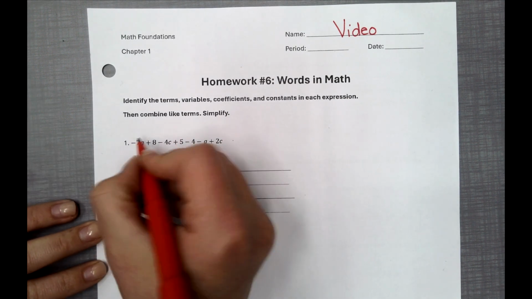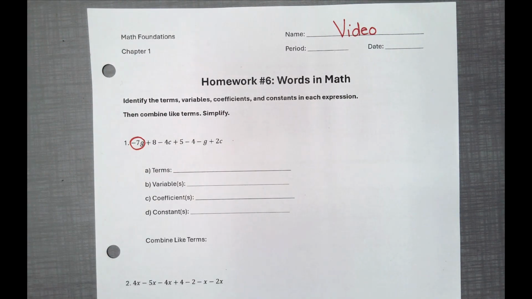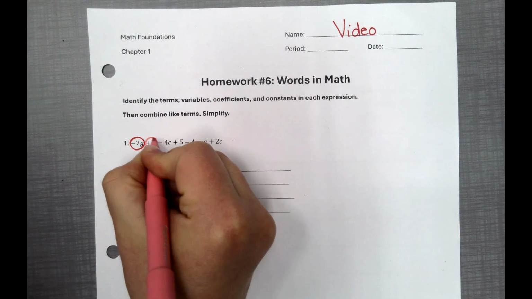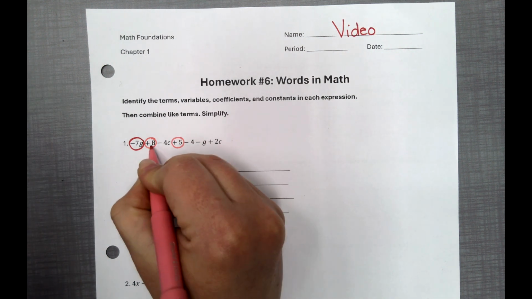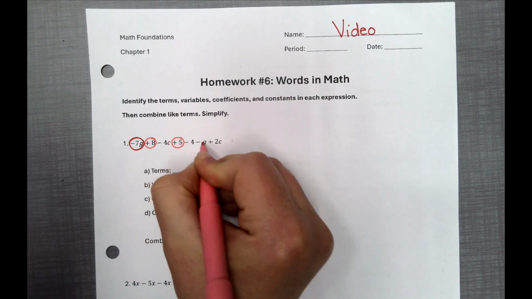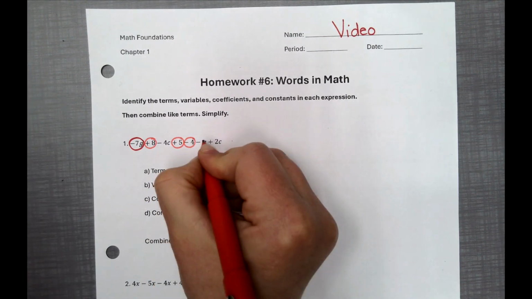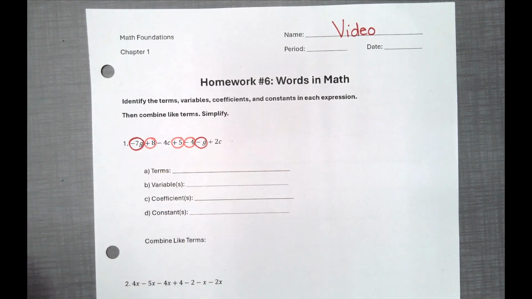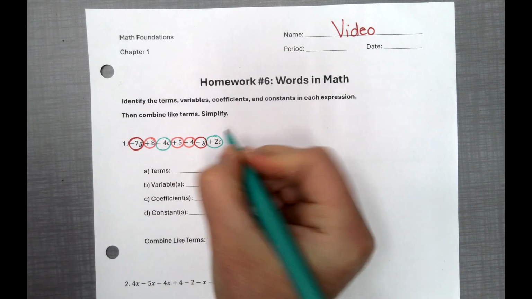Let's start here. Your terms are when you circle things that share the same letter, or they are things that don't have any letters at all. So 8 does not have a letter, 5 does not have a letter, -4 does not have a letter. But if you notice, I do have another G, and I have a -4C and a +2C.